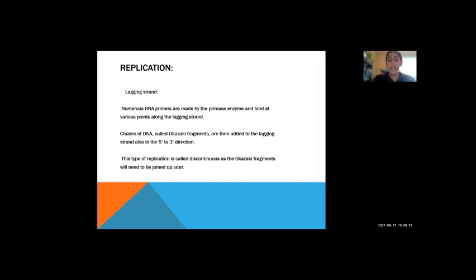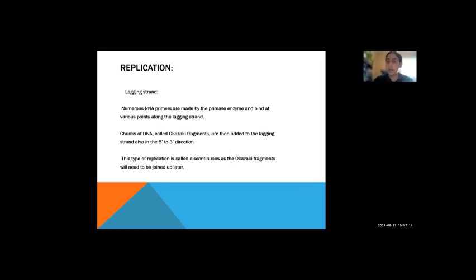Now, the lagging strand, as the name suggests, lags. It's not leading because leading is continuous. What happens in lagging is that it's 5' to 3'. Numerous small RNA primers come and bind to the lagging strand. So it's not a continuous process, it's small little chunks.